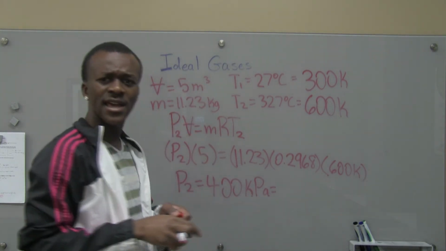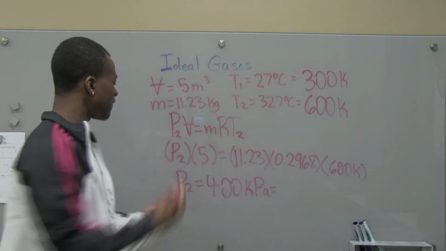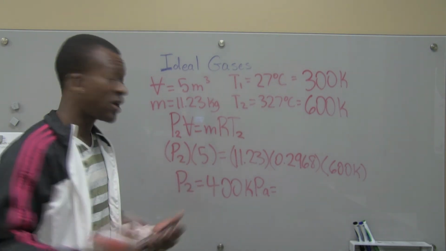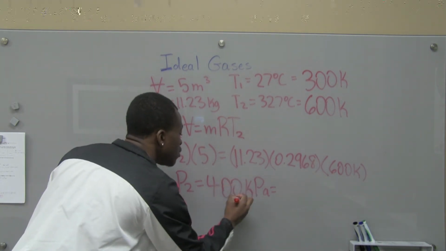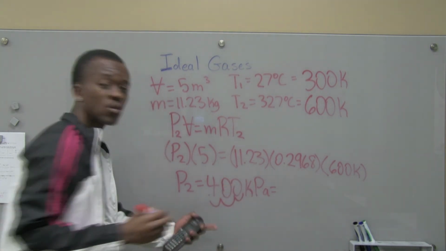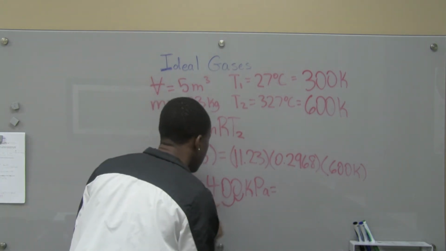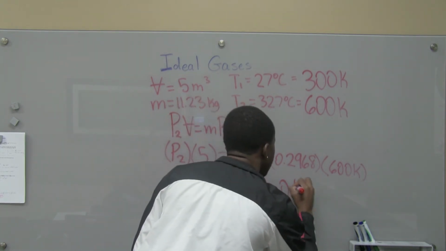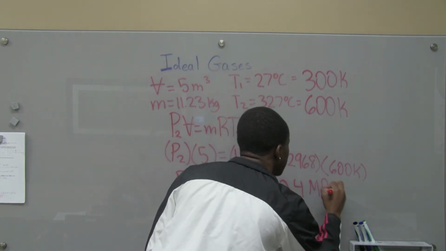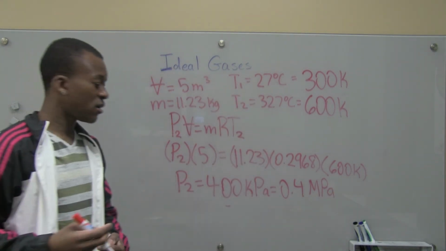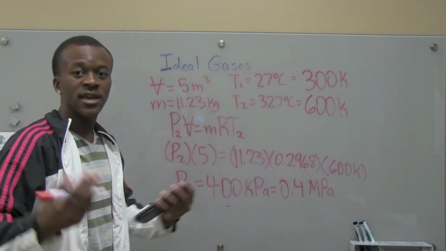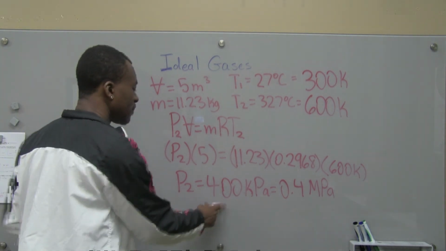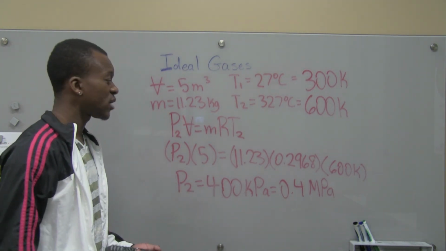I'm sorry, if I said that P1 was 2 megapascals, I meant 0.2 megapascals, because what we do here is we move the decimal place 3 times. So this is actually 0.4 megapascals, because 1 megapascal is 1,000 kilopascals. So just know that. So that's P2, which is 400 kilopascals, which is equal to 0.4 megapascals, right?